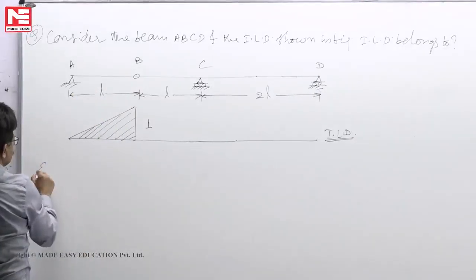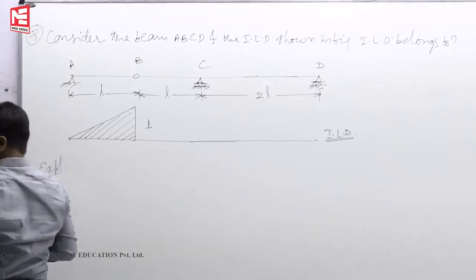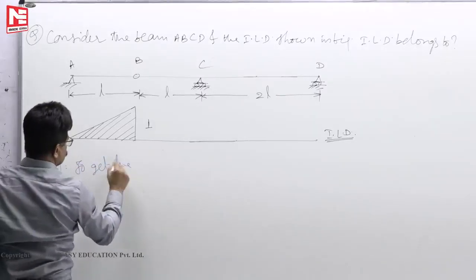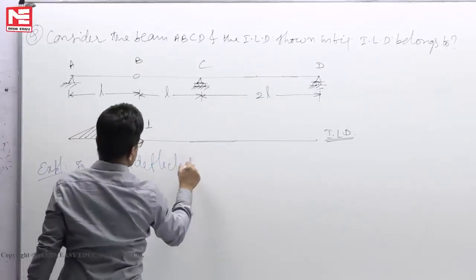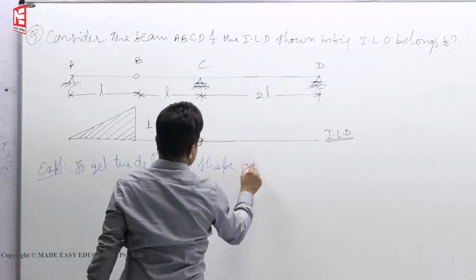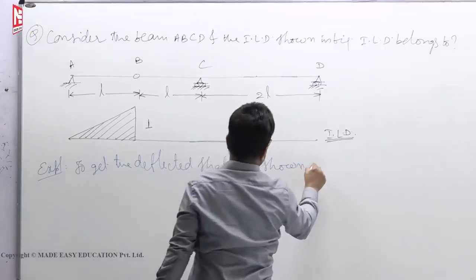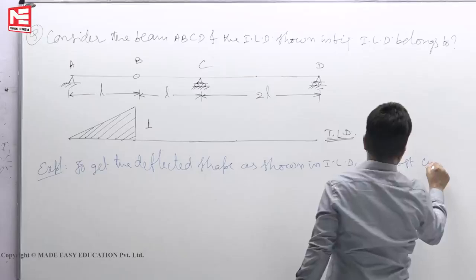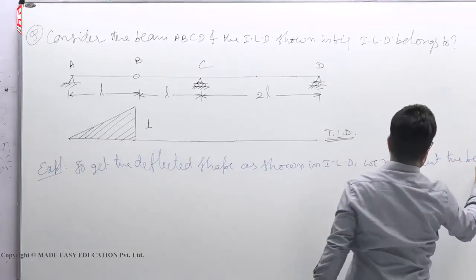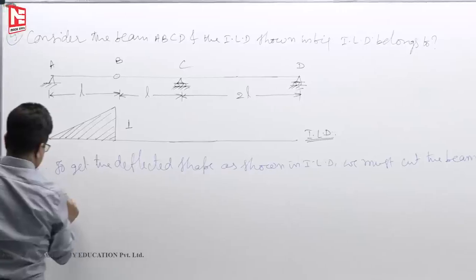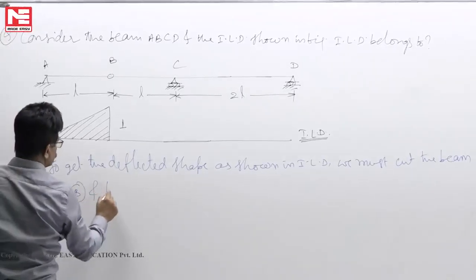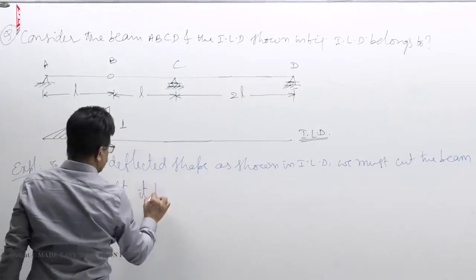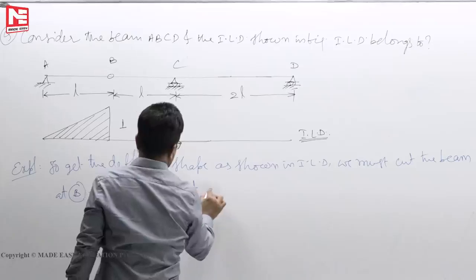So this is the explanation. To get the deflected shape as shown in the ILD, we must cut the beam at B and lift it by unit amount.